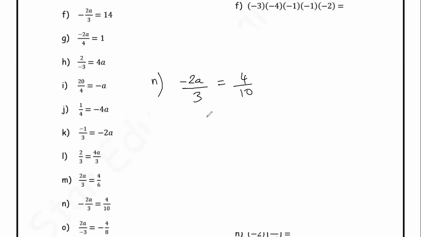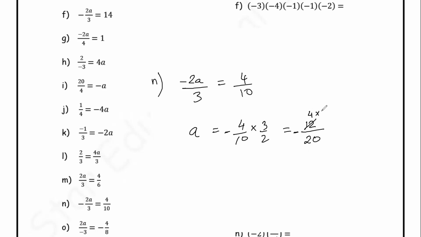Some schools believe in solving it this way. They say, a is equal to 4 over 10 into 3 over 2, and obviously the whole thing is negative. No need to cancel out in between. Write down the whole product on the top first, 12, the whole product on the bottom, which is 20, and don't forget the negative sign. Now you do the canceling.